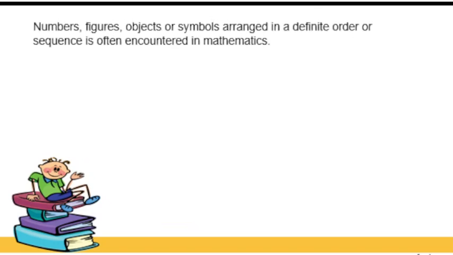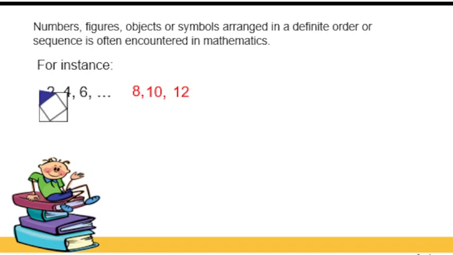Okay, numbers, figures, objects, or symbols arranged in a definite order or sequence are often encountered in mathematics. For instance, you have 2, 4, 6. What would be the next possible three digits? So that is 8, 10, and 12.